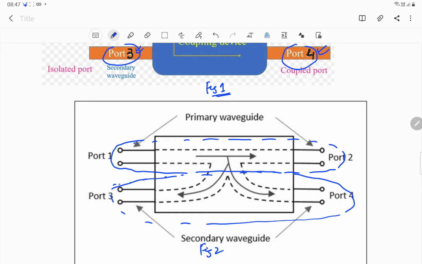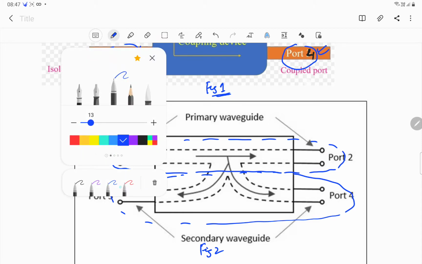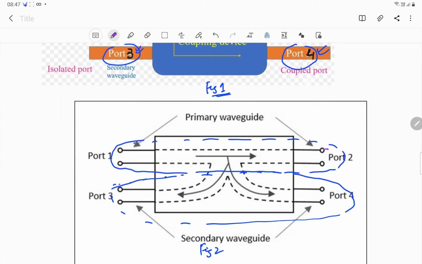Now, if I terminate ports 2, 3 and 4 with some impedance ZL, which is the same as the characteristic impedance, ZL equal to Z0, that is, I terminate port 4 with a load impedance the same as the characteristic impedance, and port 3 with a load the same as the characteristic impedance, and if I feed a signal at port 1, what happens is that there are no reflections coming back to port 1.